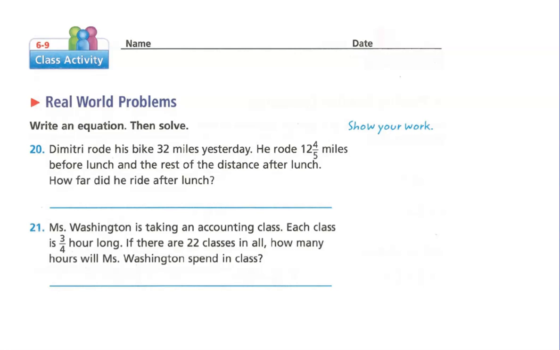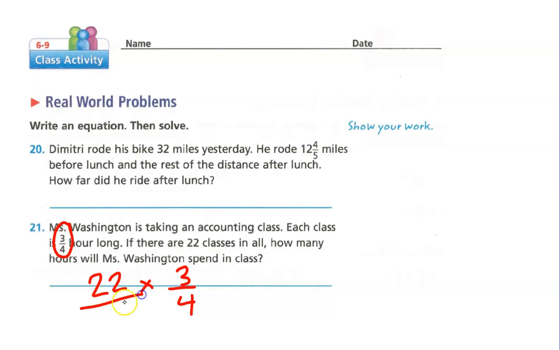So number 20, actually I'll do number 22, how about that? So it says Miss Washington is taking an accounting class. Each class is 3/4 of an hour long. If there are 22 classes in all, how many hours will Miss Washington spend in class? So you're basically finding 22 groups of 3/4, which is going to be a multiplication problem.